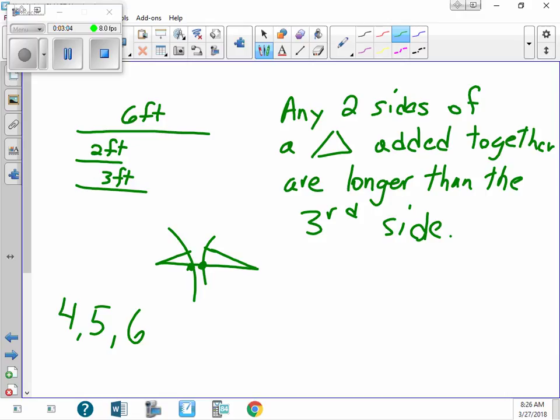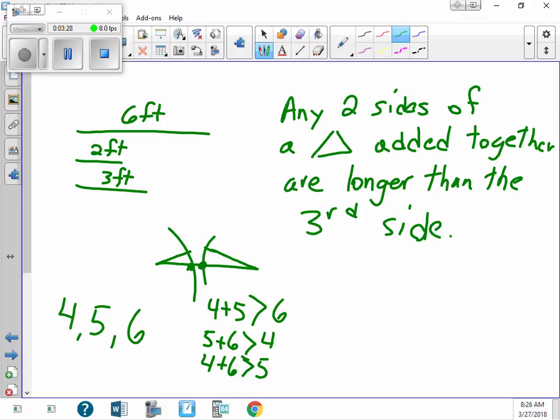So the triangle inequality says they all work. It says 4 plus 5 is greater than 6, but it also says 5 plus 6 is greater than 4, and 4 plus 6 is greater than 5. And the triangle inequality works for all 3.